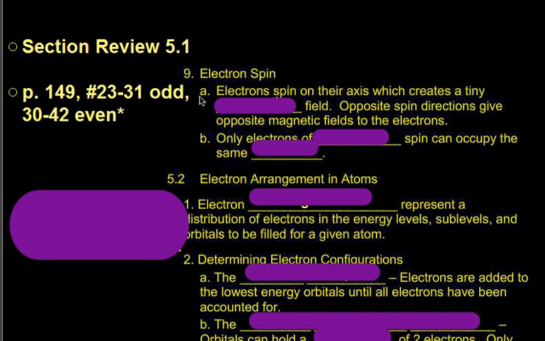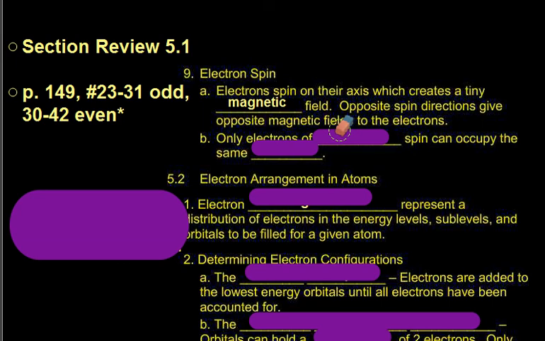Okay, which brings us to just about the end of 5.1, where we talk about electron spin. Electrons spin on their axis, which creates a tiny magnetic field. Electrons have an electric charge, and any kind of moving electric charge creates a moving electric field, and a moving electric field creates a magnetic field.